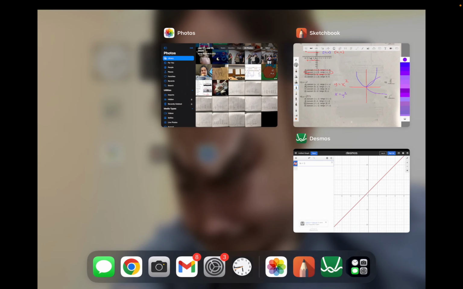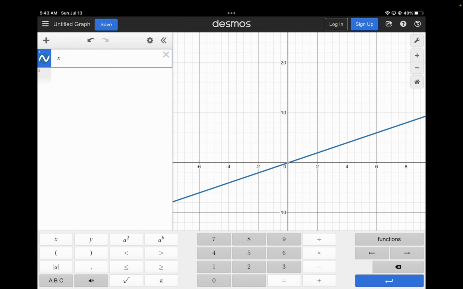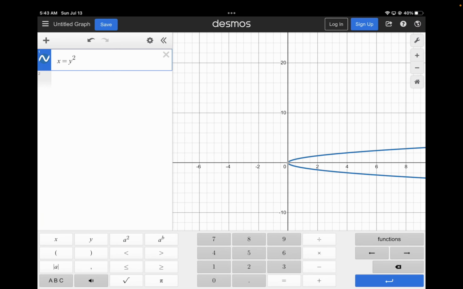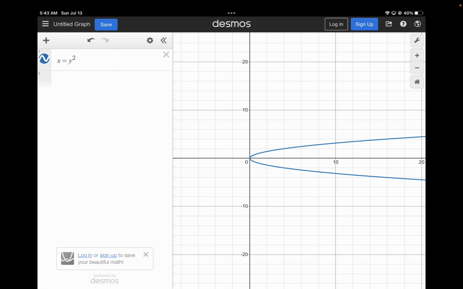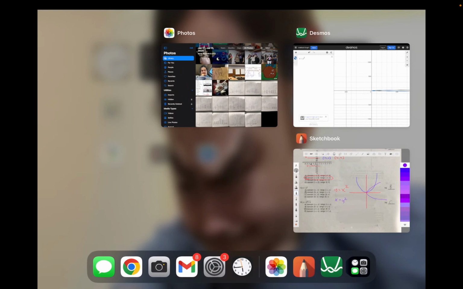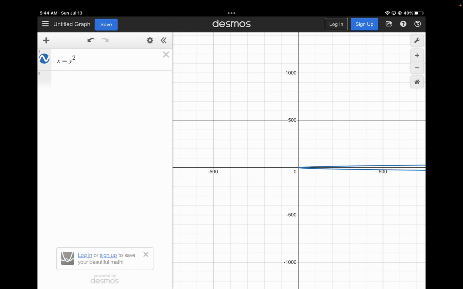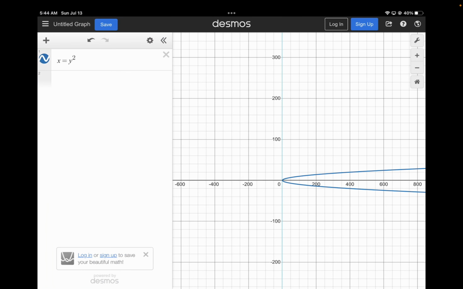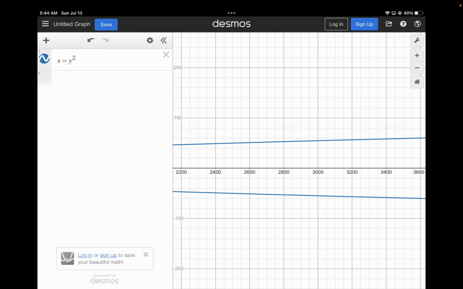You could probably see it. X equals y squared is that same parabola, just kind of fell down, and it goes towards infinity. Right here it shows like a bit flat, but if I were to stretch it out a bit, it does slowly get bigger and bigger.